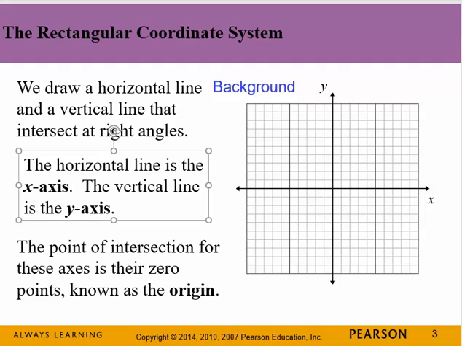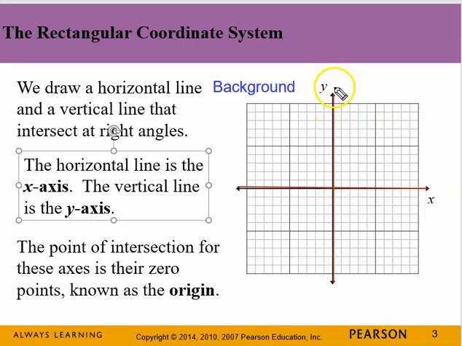what we'll be doing. So we want you to start by making a horizontal number line, like so, and then a vertical number line, like so. And what you've done is created the axes of a graph.